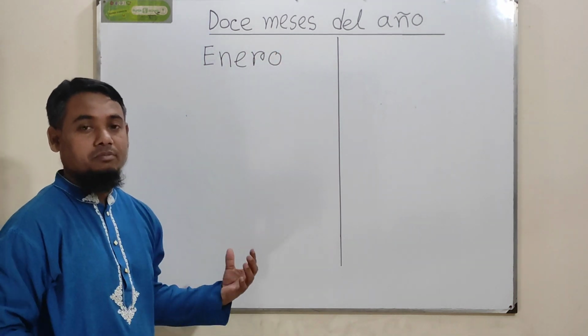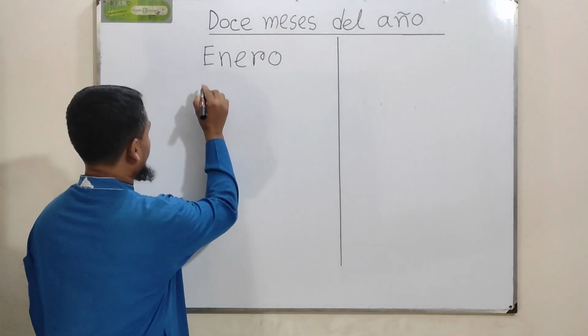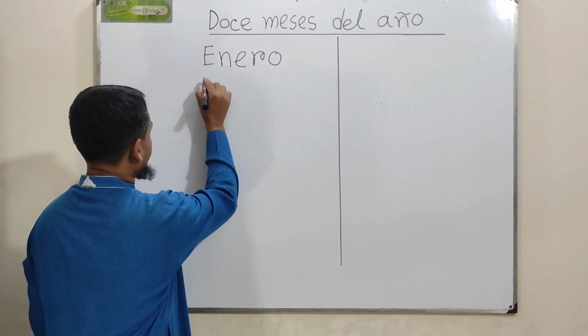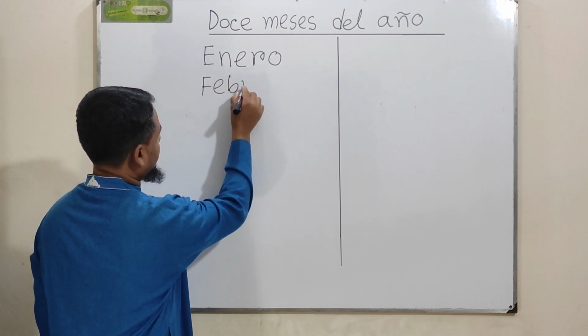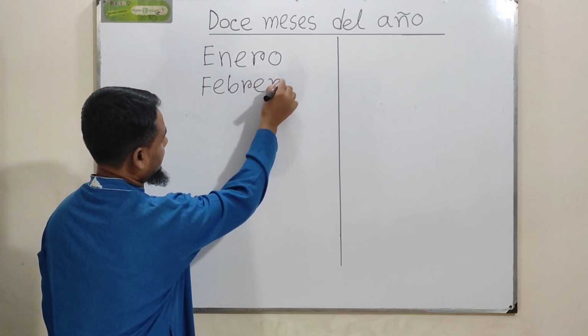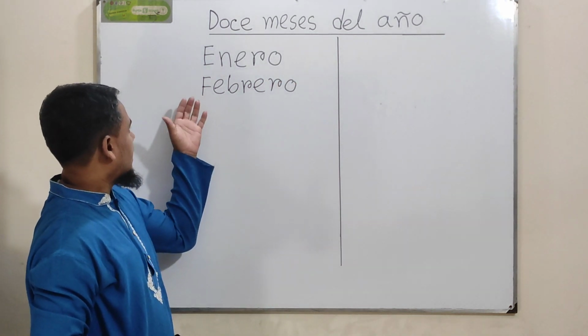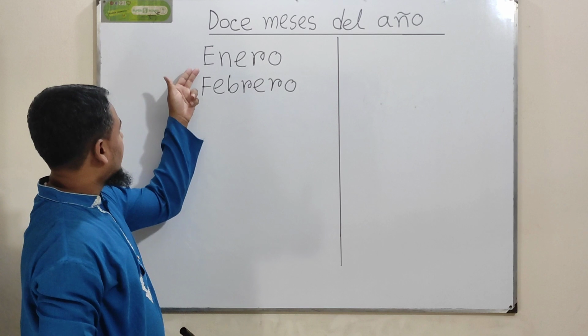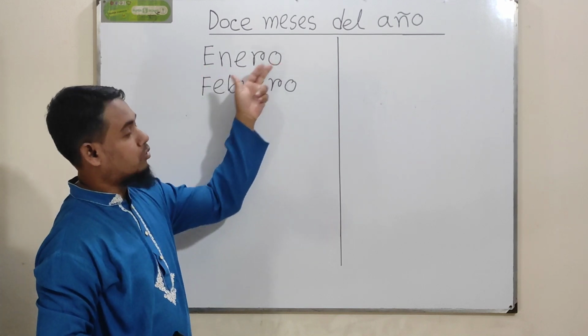enero. Enero means January. Enero. Número dos, febrero. I'm telling you the spelling: E-N-E-R-O.